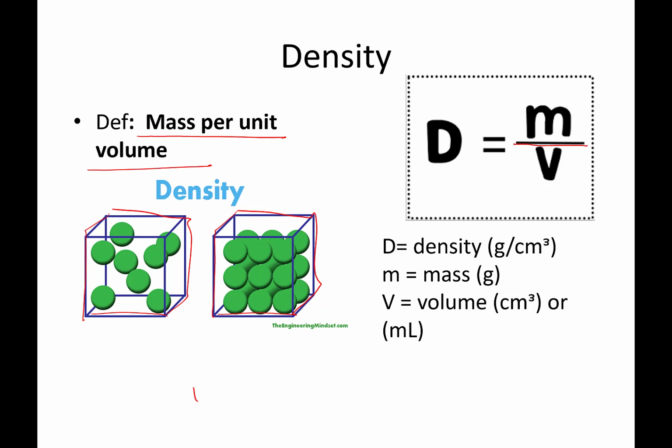And since 1 cubic centimeter is the same quantity of volume as 1 milliliter, sometimes you will see density also measured in grams per milliliter. Mass in chemistry is also measured in grams, and volume can be cubic centimeters or milliliters because those two are equivalent.